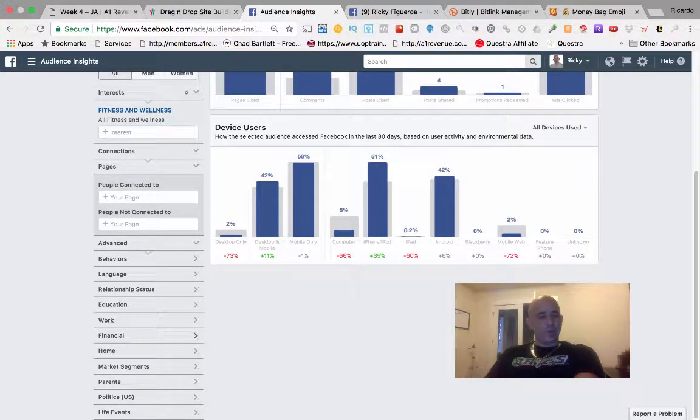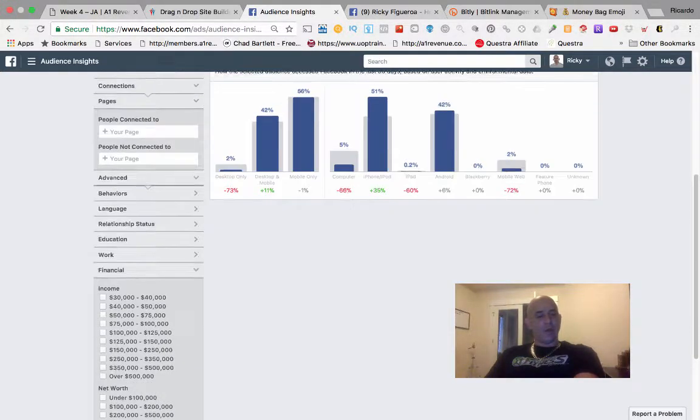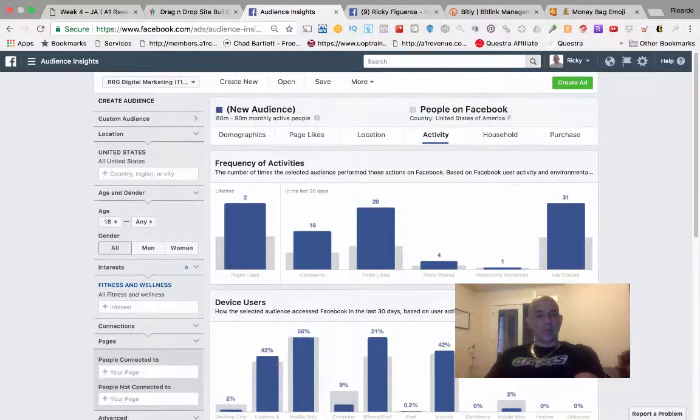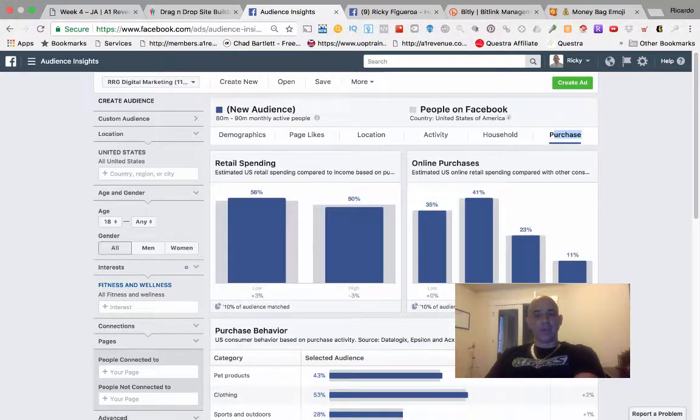If you want to really dig more into it, you can play with this financial section. How much income do they make? Do you really want to target someone that makes only 30,000 a month, I mean a year, with a high ticket product? No. So you could just pick people that are really making money, and remember they have the online behavior.